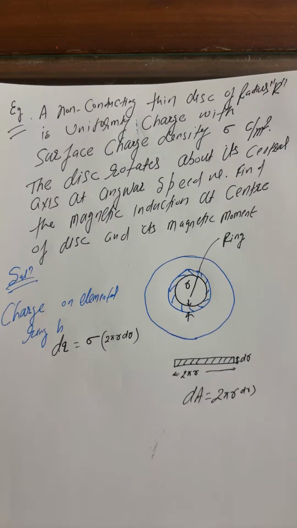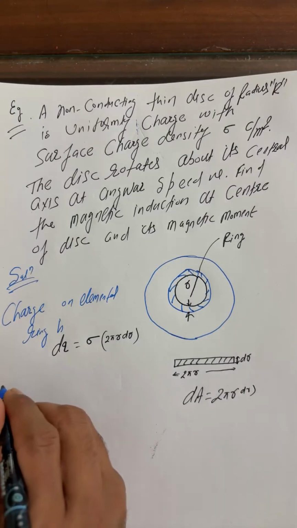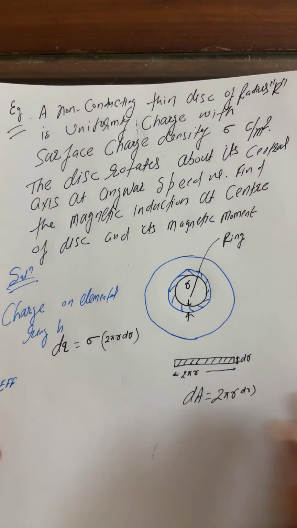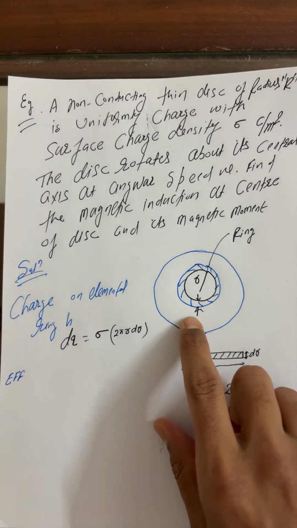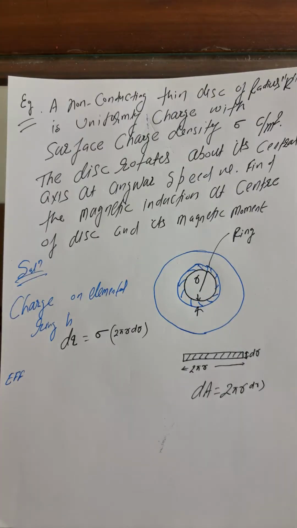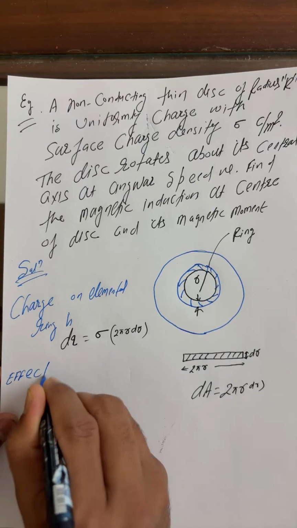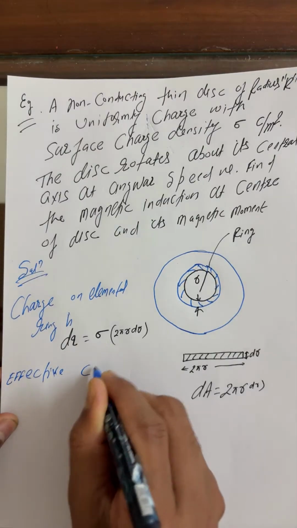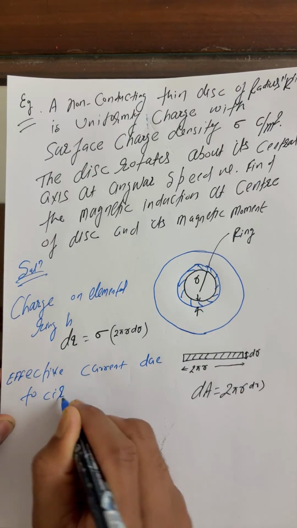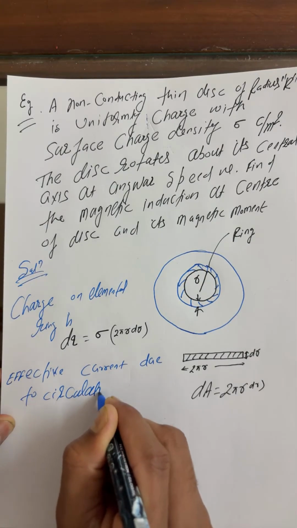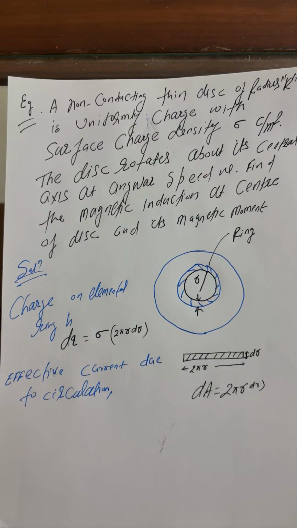So we also have to find the effective current due to rotation or circulation, because if anything is rotating, this current is the effective current due to circulation of charge on the element.